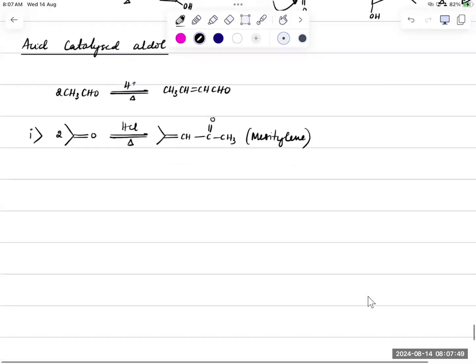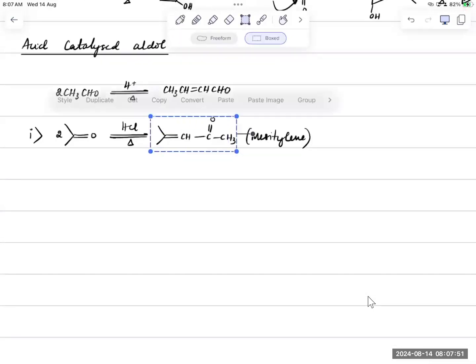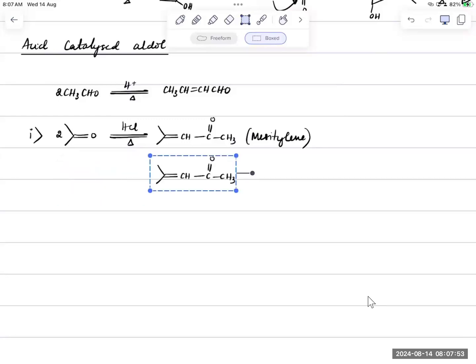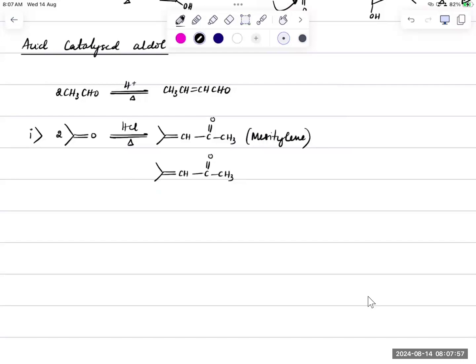Now imagine if I take the same compound, double bond here, and make it react with another mole.